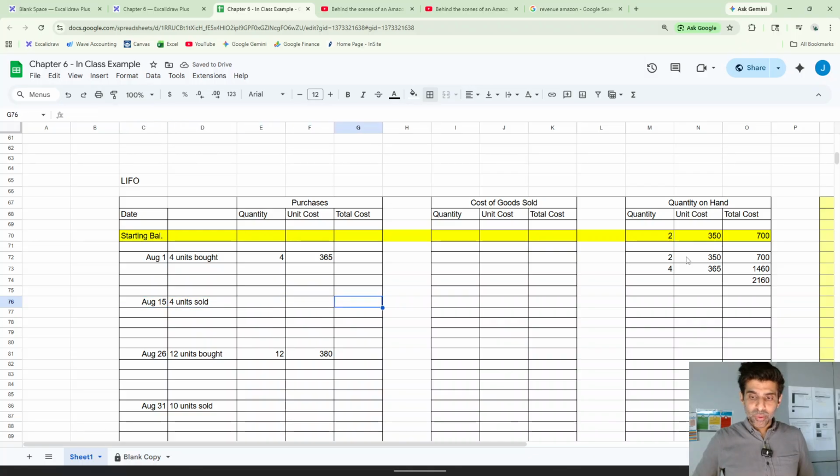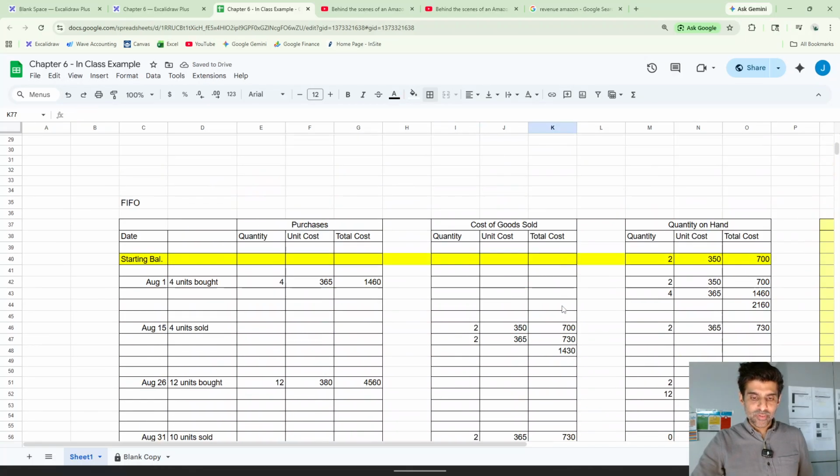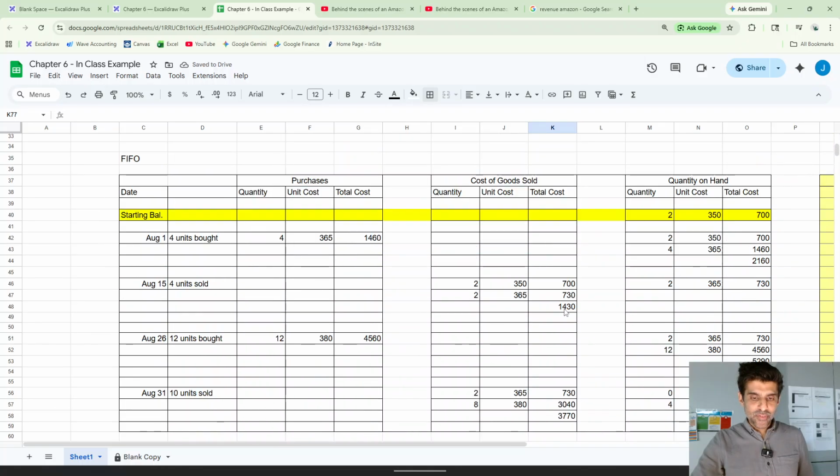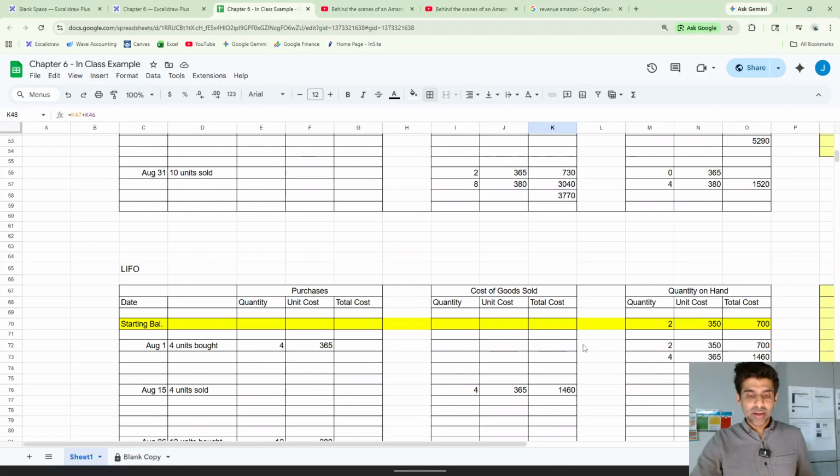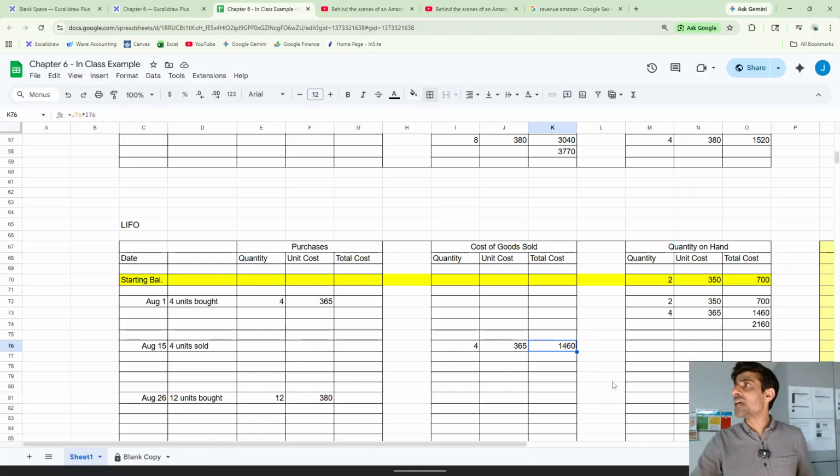Now instead of starting at the back like we did with FIFO, we're going to start at the front. So we're going to cost these 4 units first. Our cost of goods sold is going to be 4 units at 365 for 1,460. And if you remember back under FIFO, we had 1,430. So we have a different cost of goods sold just by changing the method.